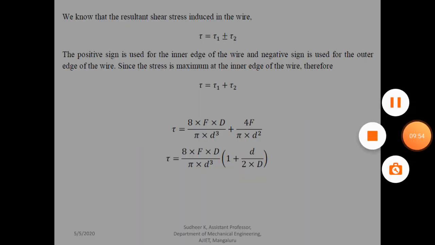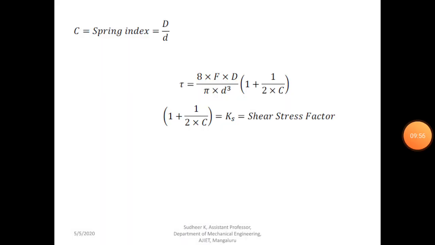We know that the spring index is always denoted by capital letter C, equal to D by d.